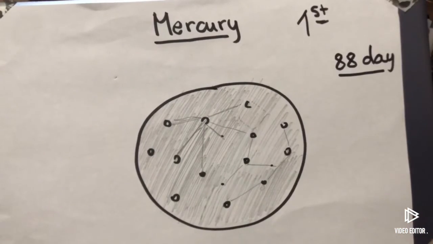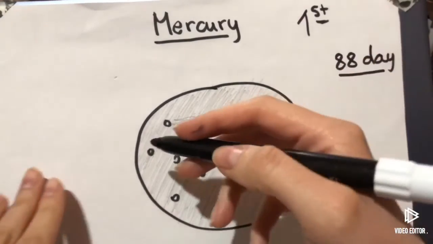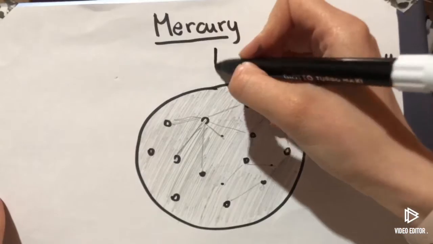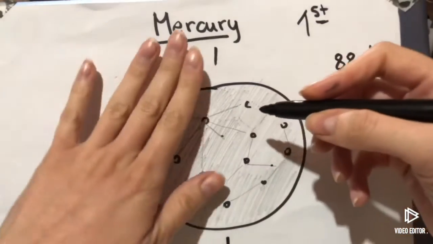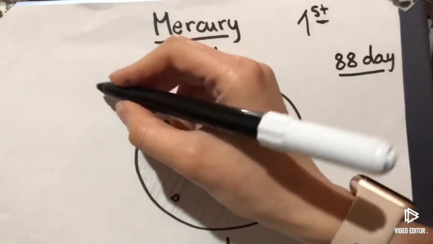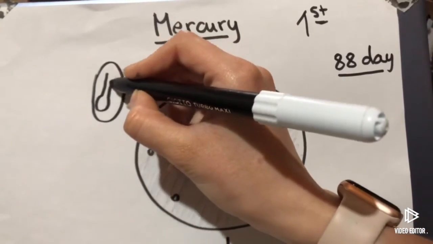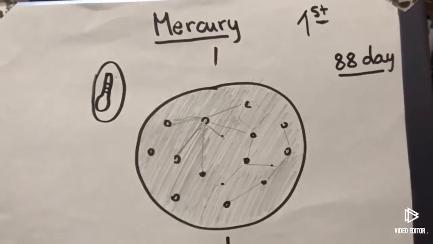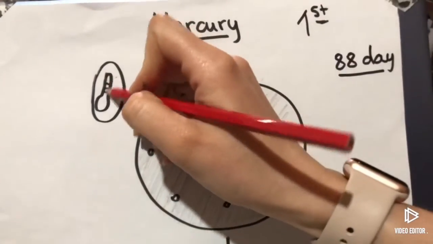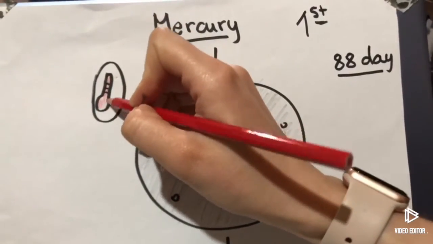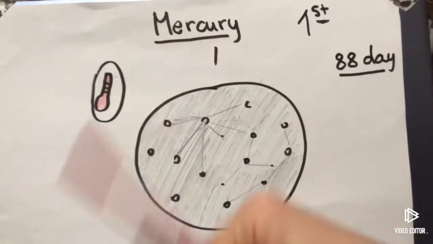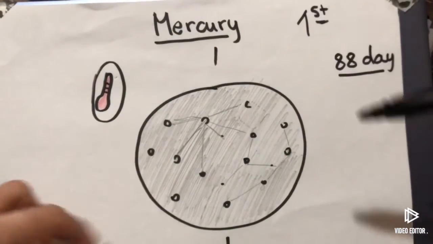Now, Mercury doesn't have any atmosphere, so the side that faces the sun is very warm. So we're going to draw a thermometer. We're going to draw it red, okay? Because it's very, very warm. It doesn't have atmosphere, so the sun, because it's very close, hits it very hard.